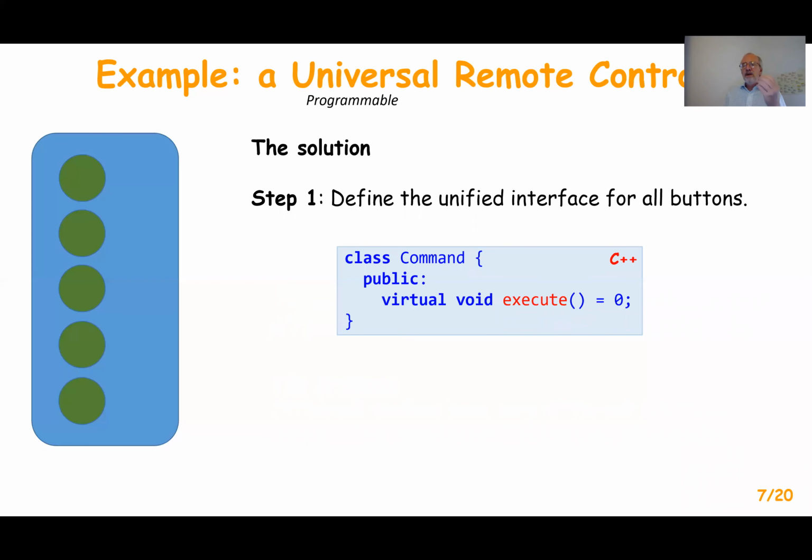It contains only one interface element, that is the pure virtual function execute. This is pure virtual because of the kind of exotic initializer equals 0. As you know, in C++, this is a so-called pure virtual function.